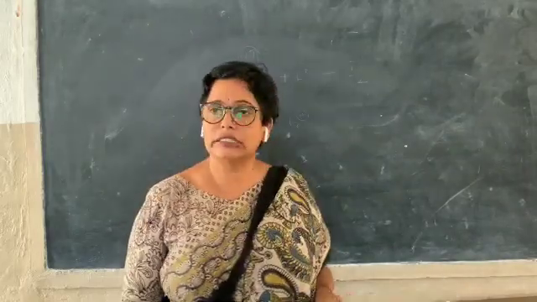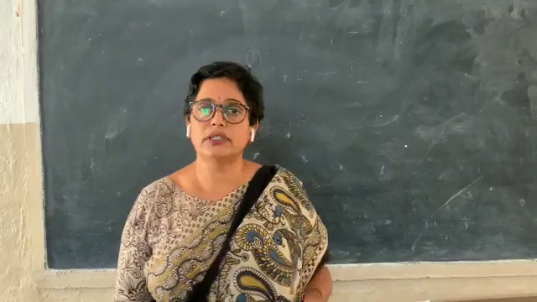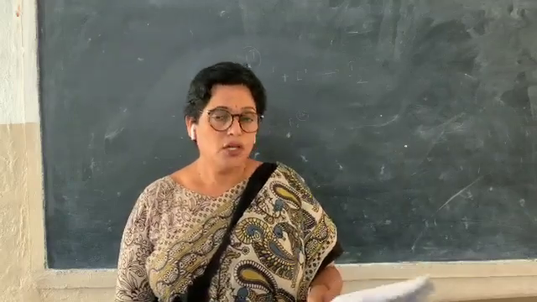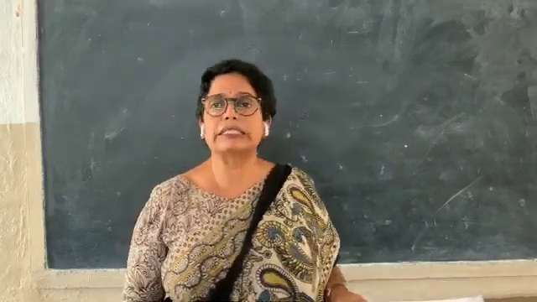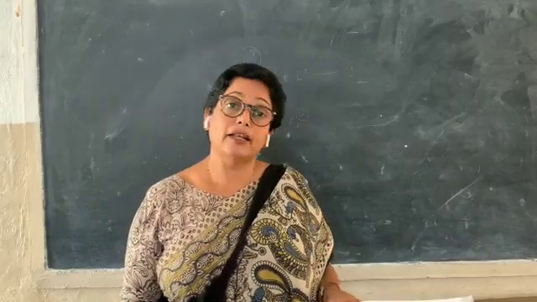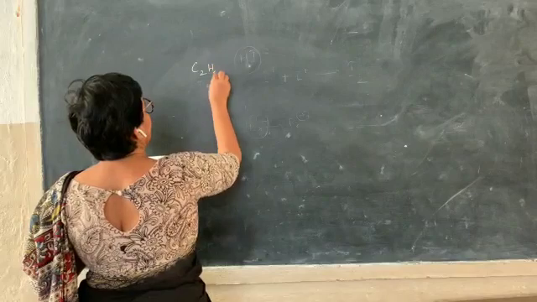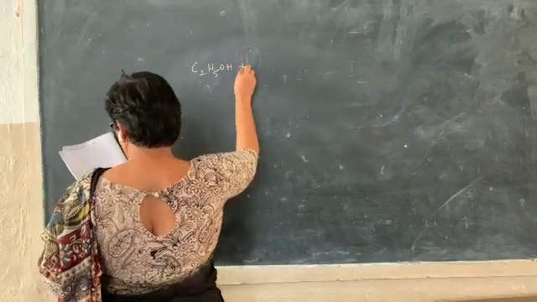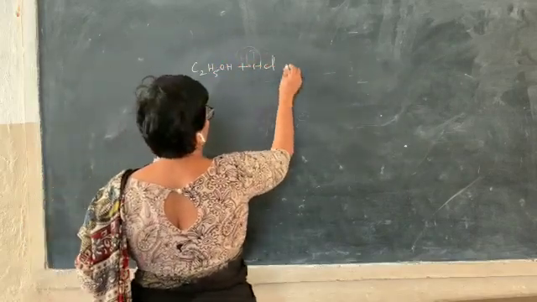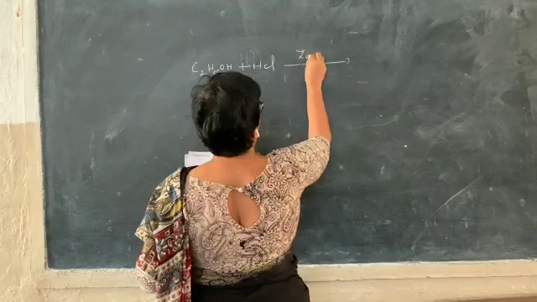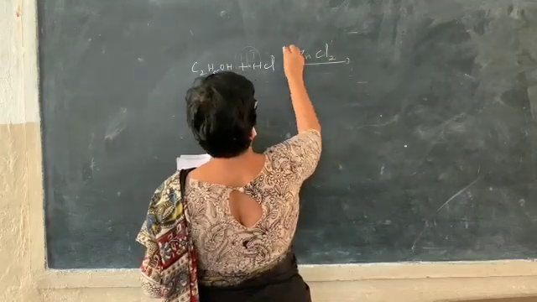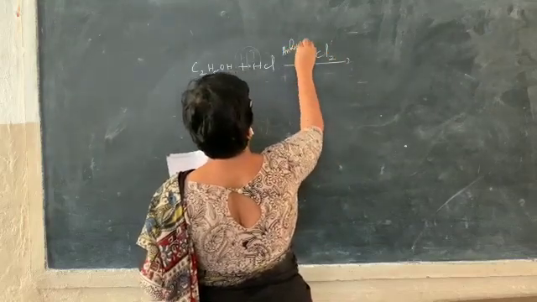Halogen acids are HCl, HBr, HI, HF, etc. So here we are treating this alcohol, that is ethanol, C2H5OH, with HCl in the presence of zinc chloride. This zinc chloride must be anhydrous.